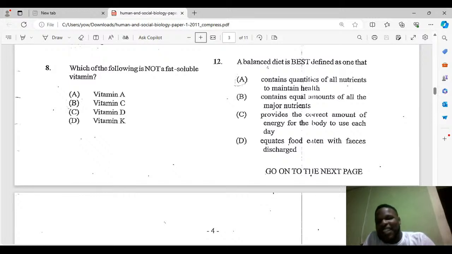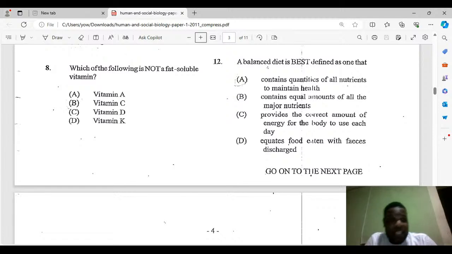It's not stating a reason, right? Question 8. So that's vitamin C. Remember C and B for Melissa.